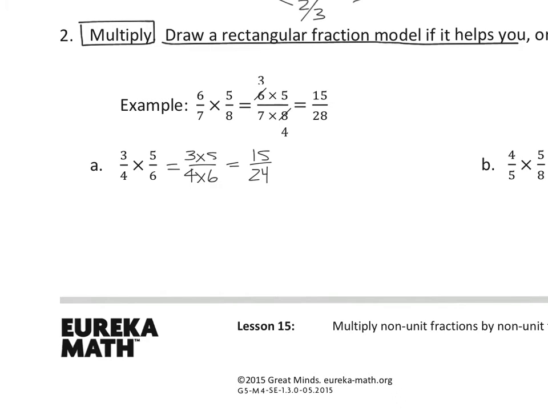And now we're going to see, is 15/24 in simplest form? We're going to find the factors for 15, which is 1 times 15, and 3 times 5. Now, besides the 1, we never want to use 1 when we simplify. We want to see if 3, 5, or 15 are going to be factors for 24.